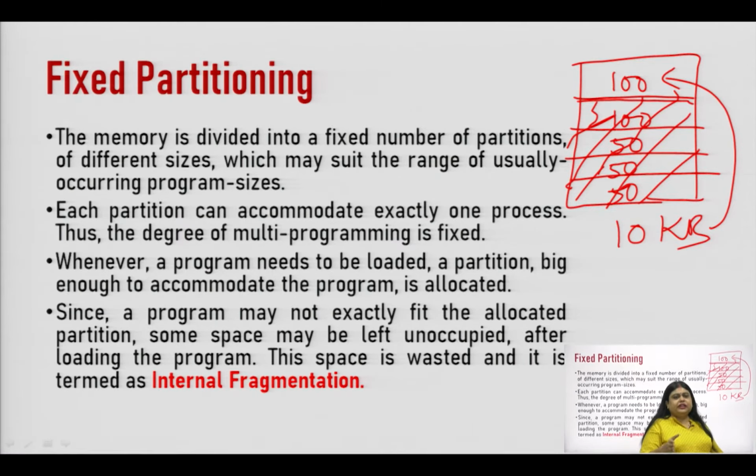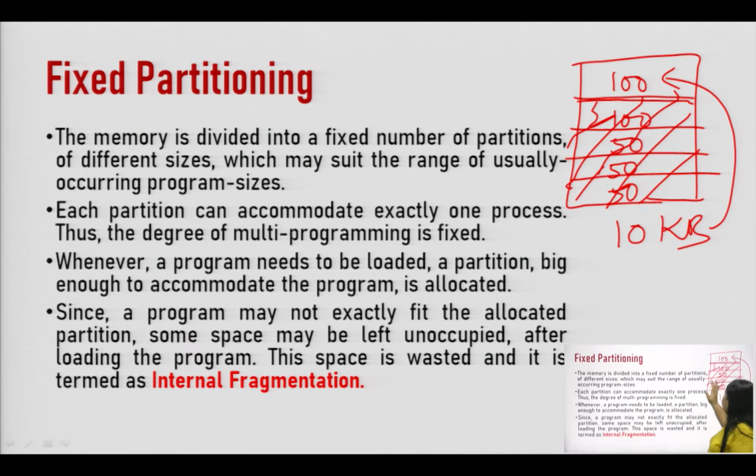Each partition can accommodate exactly one process. Thus, the degree of multiprogramming is fixed. Now, this is the main problem that I was talking about. In each partition we can have only one process, and because of this the degree of multiprogramming is restricted.